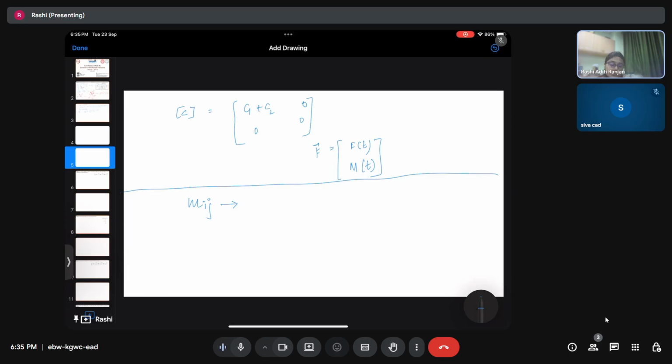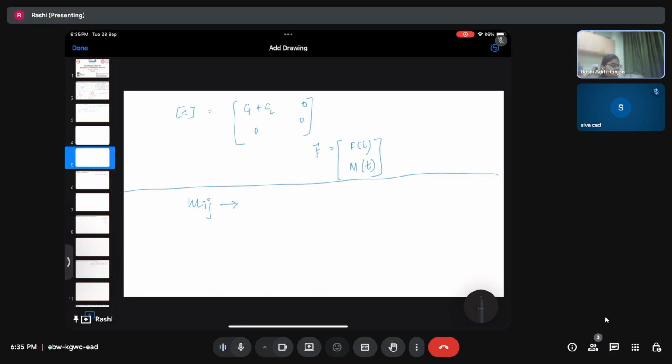For a 3 cross 3 system, I will vary from 1, 2, 3 and J will vary from 1, 2, 3. So this Mij is nothing but the momentum associated with the point J for the unit velocity at the point I.